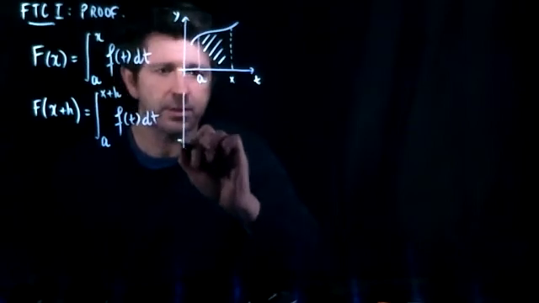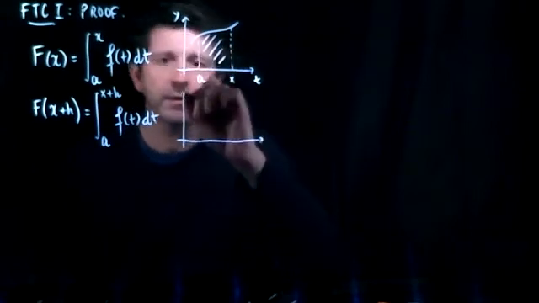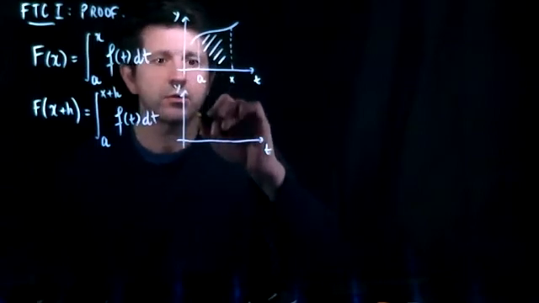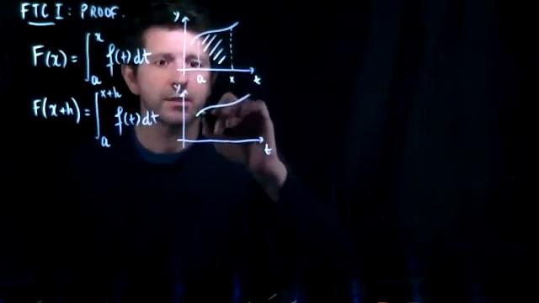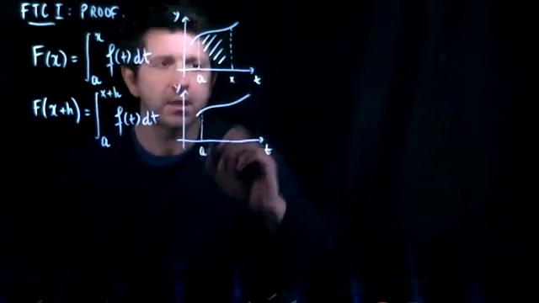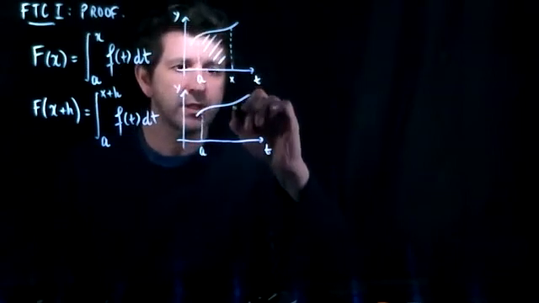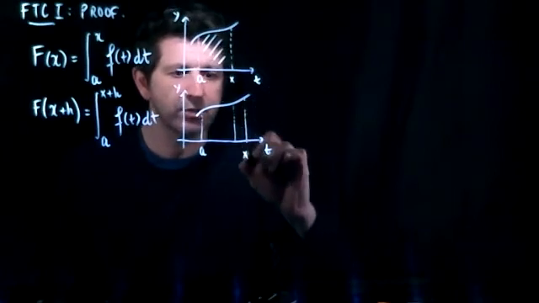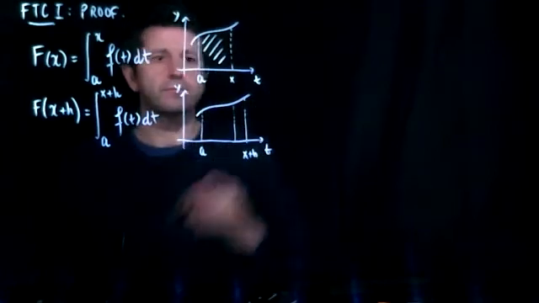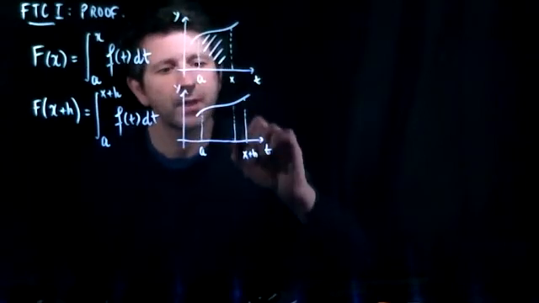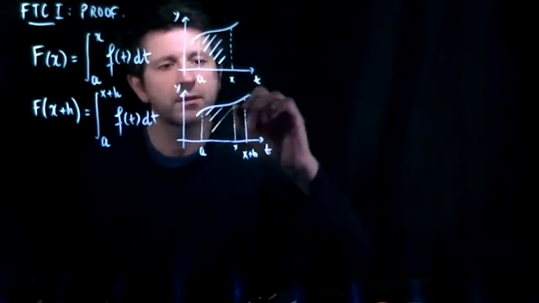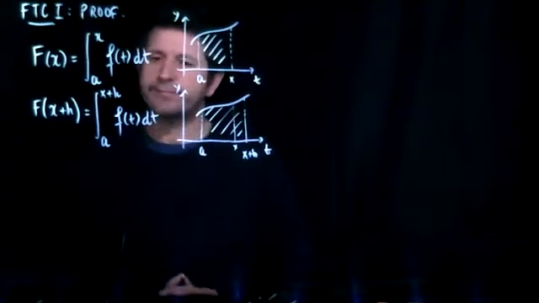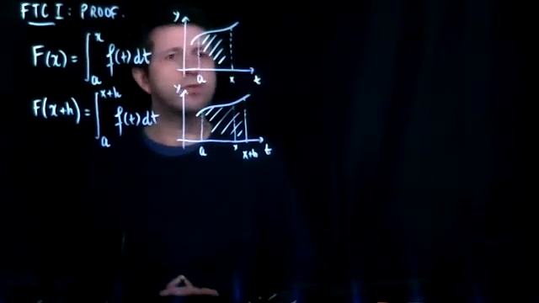My region will be under my function, and this is a. And now instead of being until x, it will be until x plus h, a bit further. It was x. Questions?